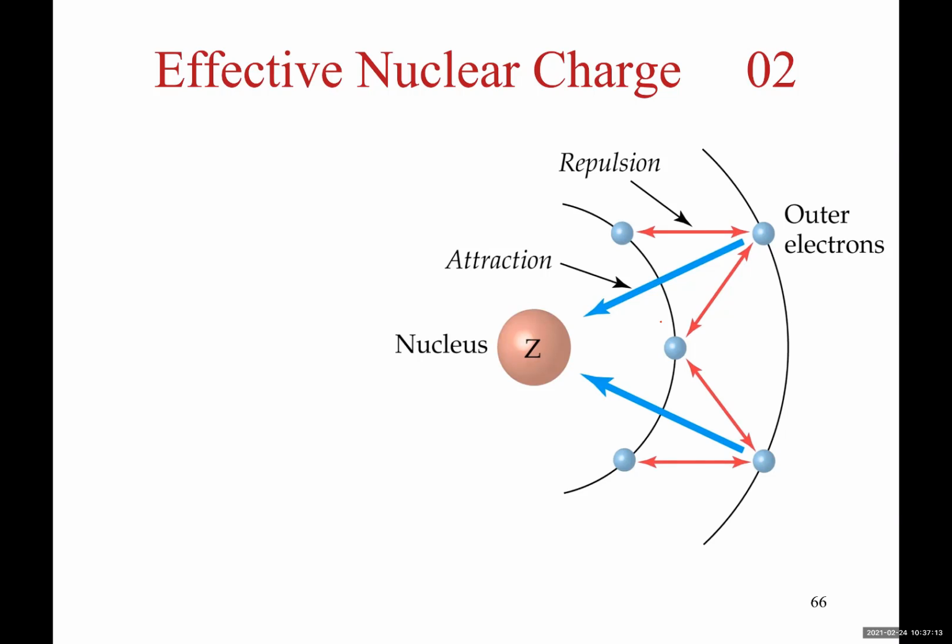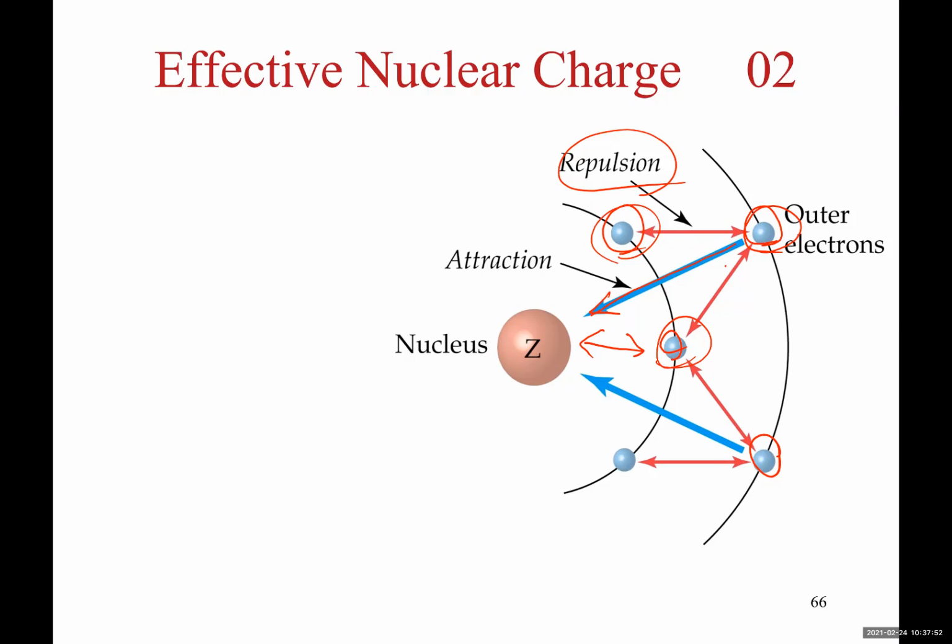Can I say electrons in the inner shell are directly pulled by all the charges of the nucleus? But electrons in the outer shell, although they are pulled by nuclear charge, are repelled by the electrons of the inner shell. So the total amount of attraction by the nucleus is reduced because of repulsion by the negative charges of electrons.